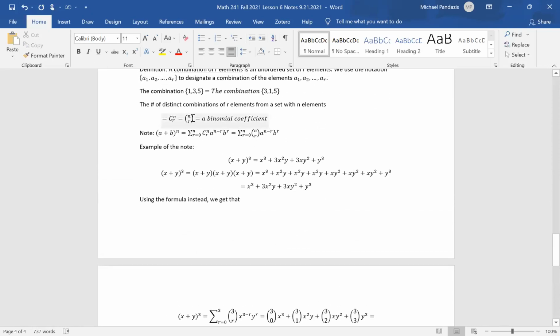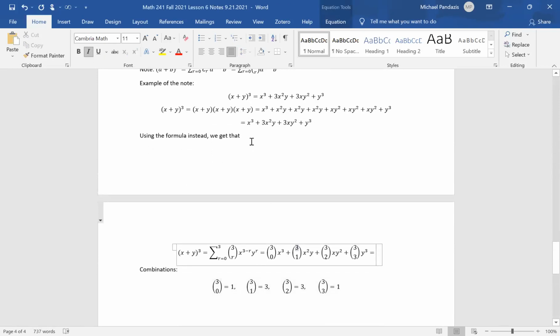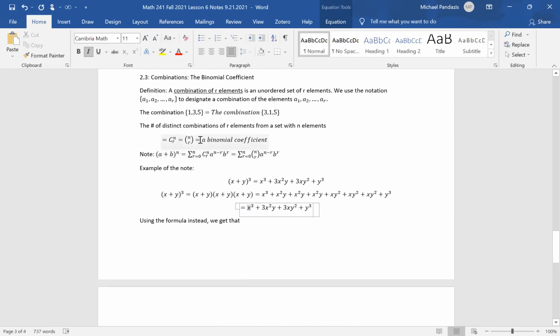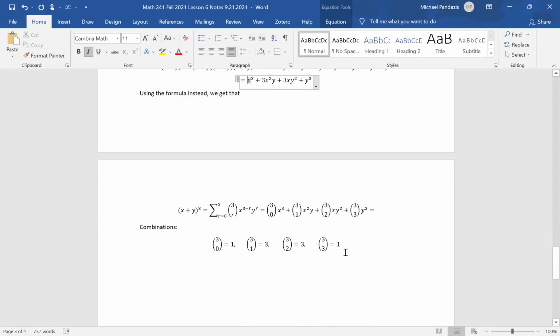So in this formula, these values here are coefficients in the final polynomial, and that's why it's also given the name binomial coefficient. Okay, that's what I want to say.